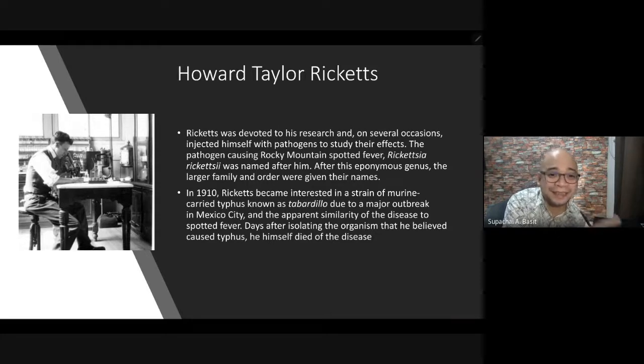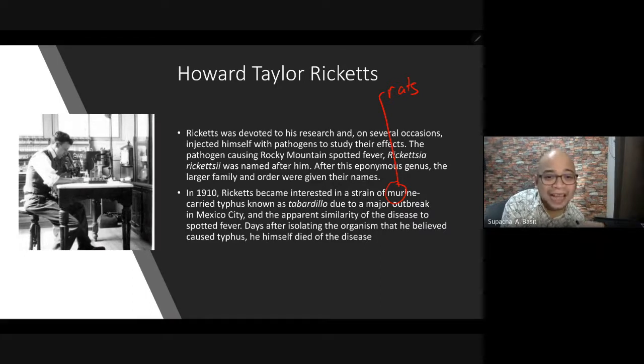In 1910, the year when he died, Ricketts became interested in a strain of Muridae. When you say Muridae, this refers to the family of rats. Muridae carrying typhus, known as tabardillo, due to a major outbreak in Mexico City and the apparent similarity of the disease to spotted fever.